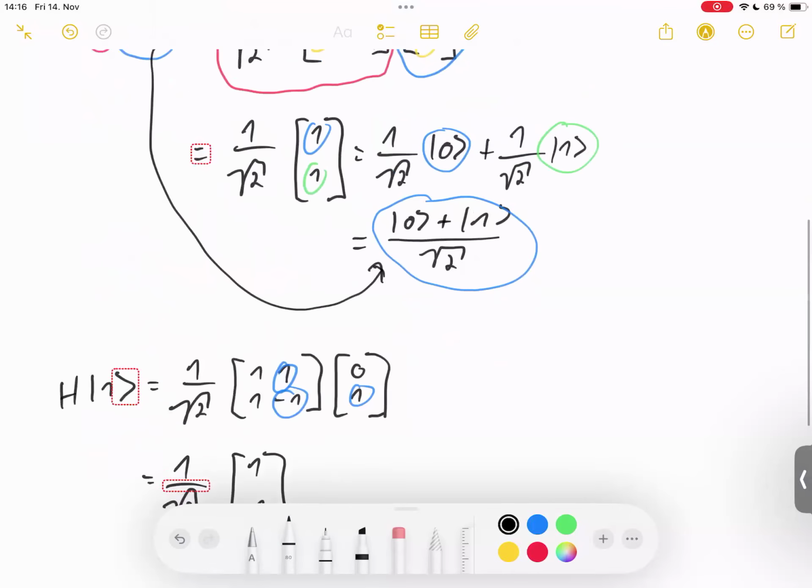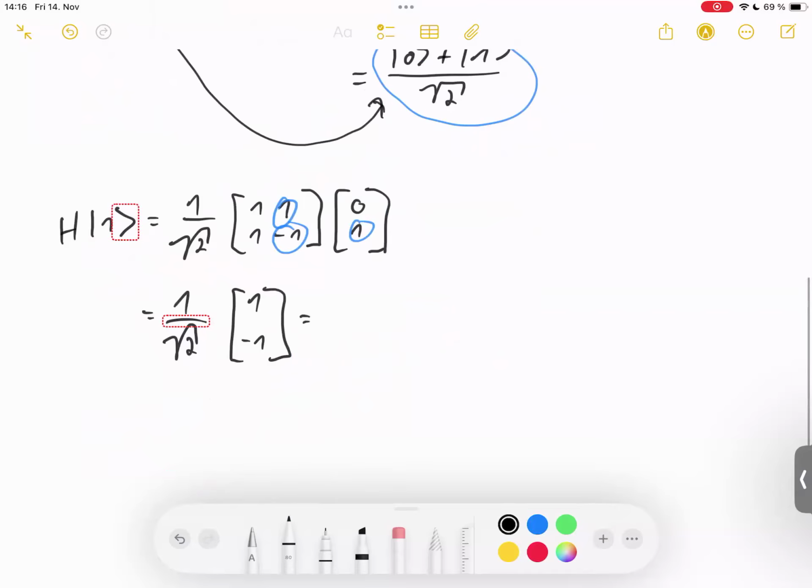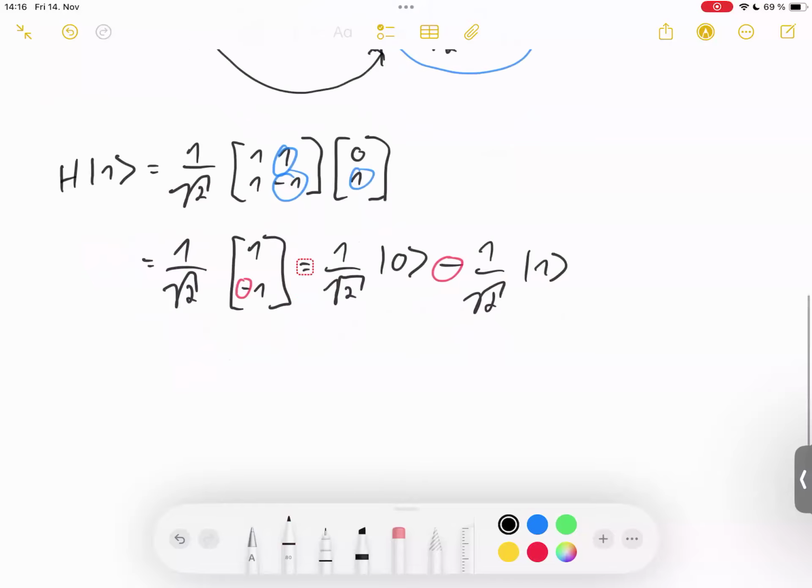We can again rewrite this in a more common notation: 1 divided by the square root of 2 times 0 ket minus, because we have the minus here, 1 divided by the square root of 2 times 1 ket.